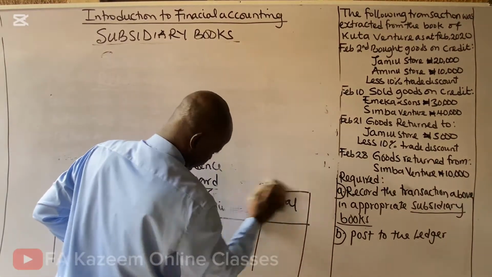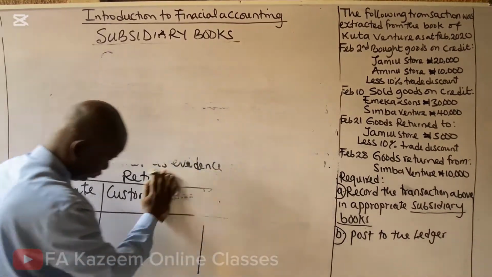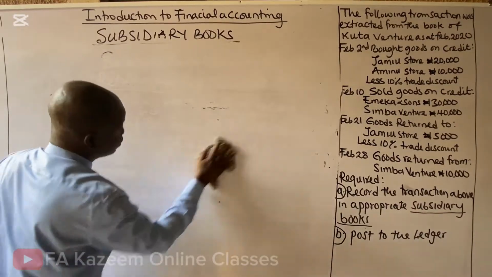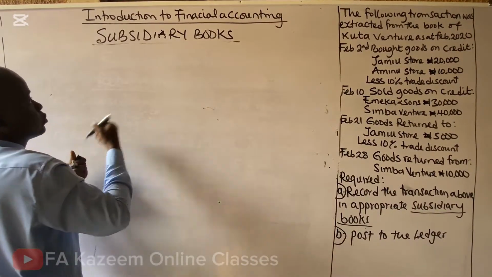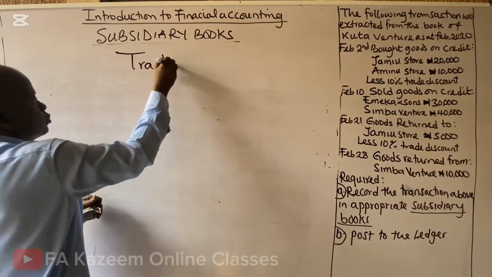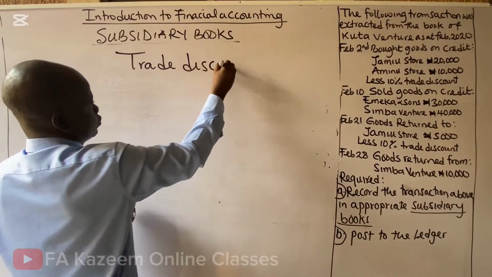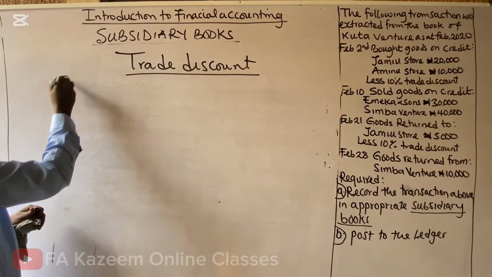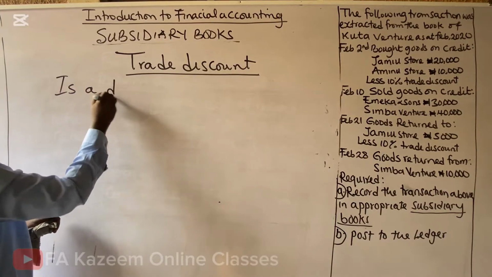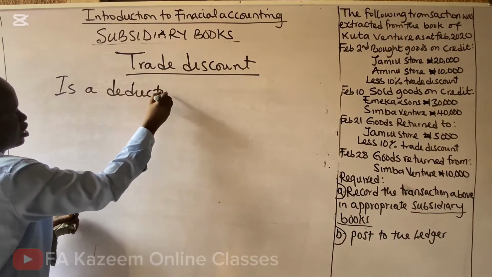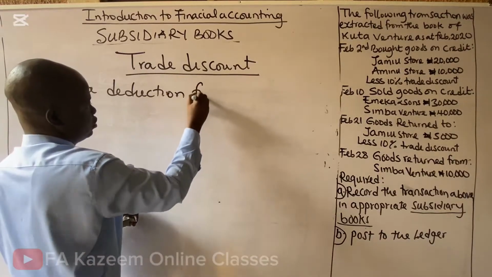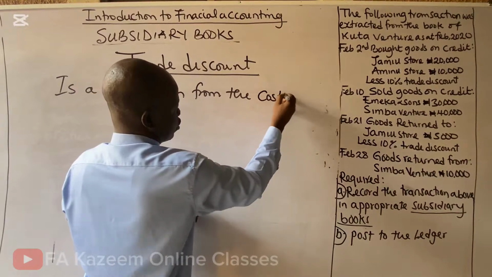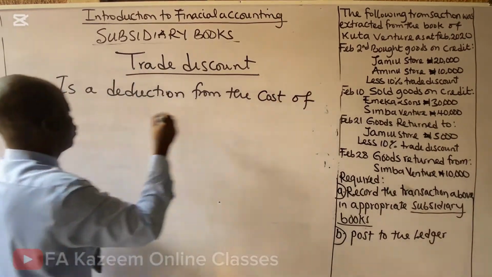What is trade discount? Trade discount is a deduction from the cost of goods.